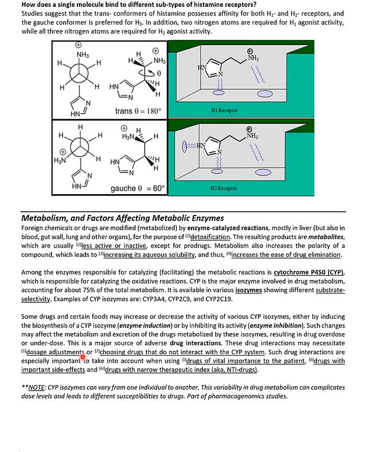So one way is adjusting the dose. Another way is simply to choose a different drug. If you have a list of drugs, one of them interacts with the drugs that the patient is currently taking, then you just want to choose a different drug.